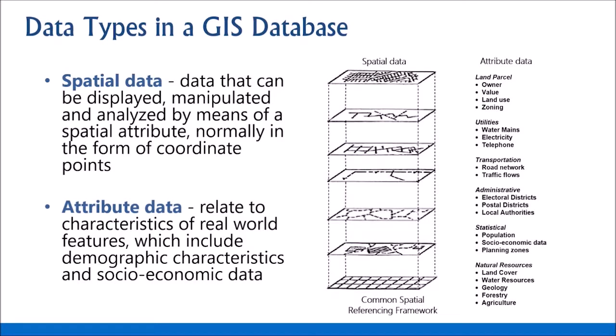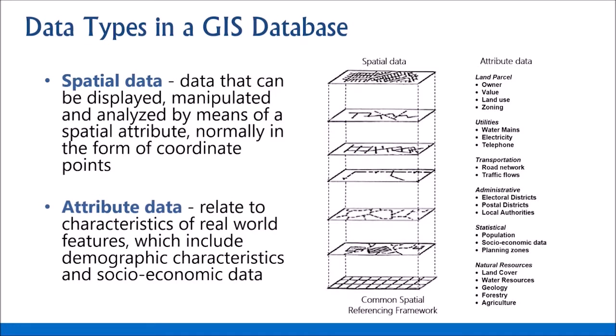So for instance, if we have land parcel data, as shown on your right, this can be described using spatial information showing the location of that particular land parcel on the map, and using attribute data, which indicates the owner, the value, the land use, and type of zoning of that particular piece of land.